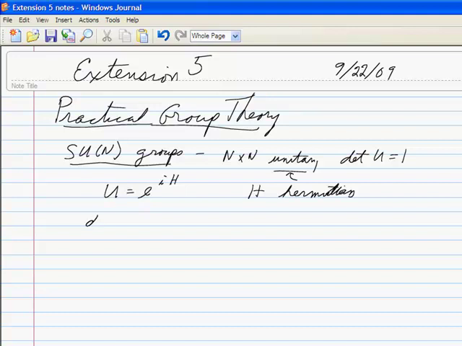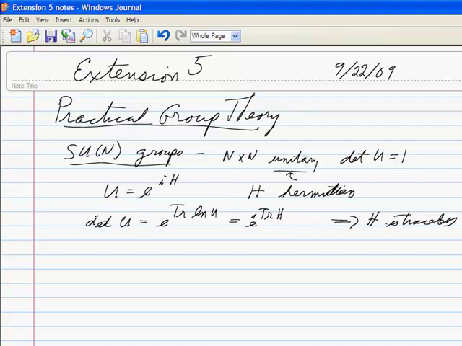And by the identity that we've been using, the determinant of this matrix is e to the trace log U, which is then e to the i trace H, so that H is traceless if the determinant of U is 1.